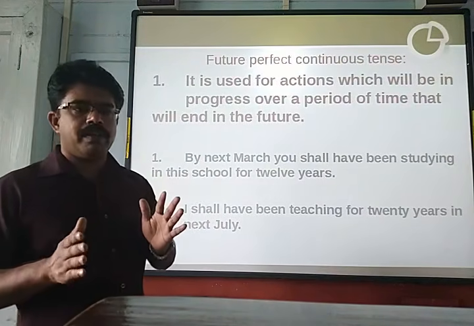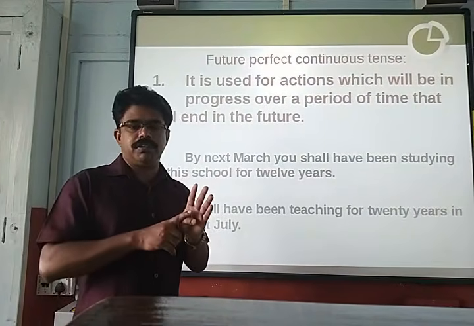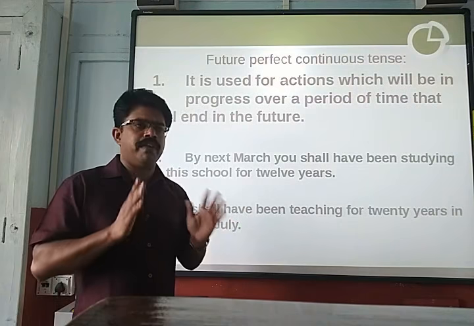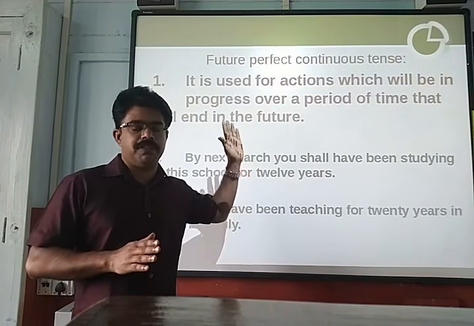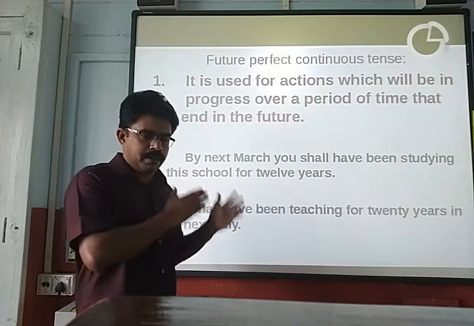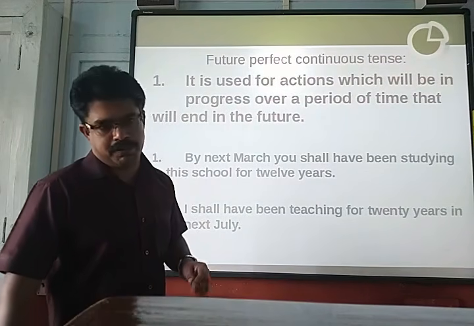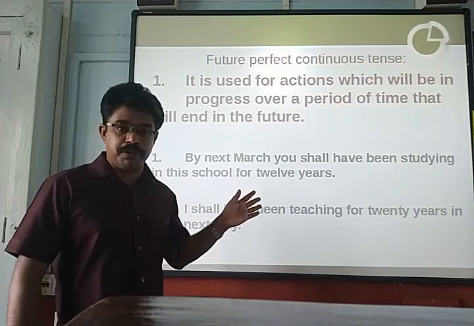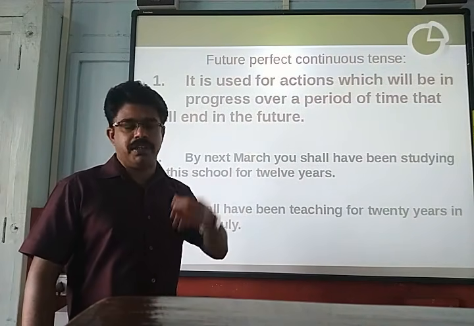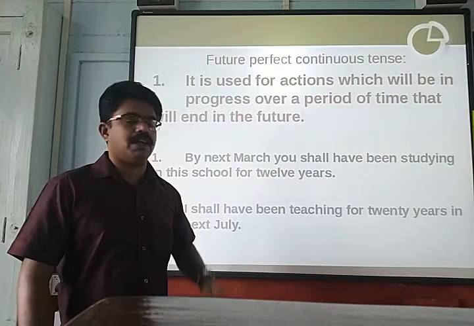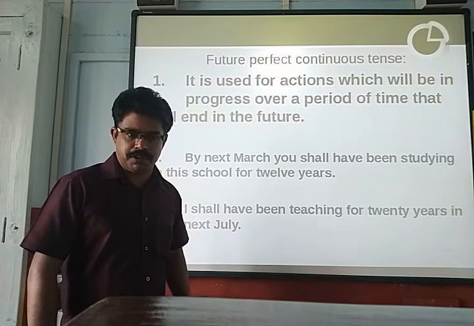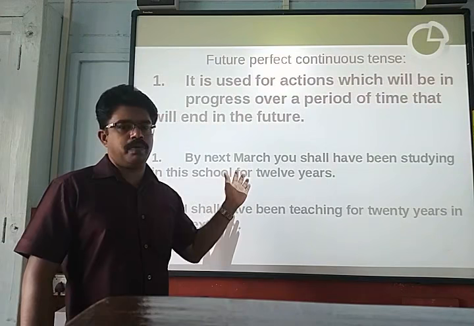All these tenses of present, past and future we have gone through in detail, and we have studied this one. I hope it is all clear to you, as I have already told you in the beginning of the tense classes. Tenses are very important. You should know.